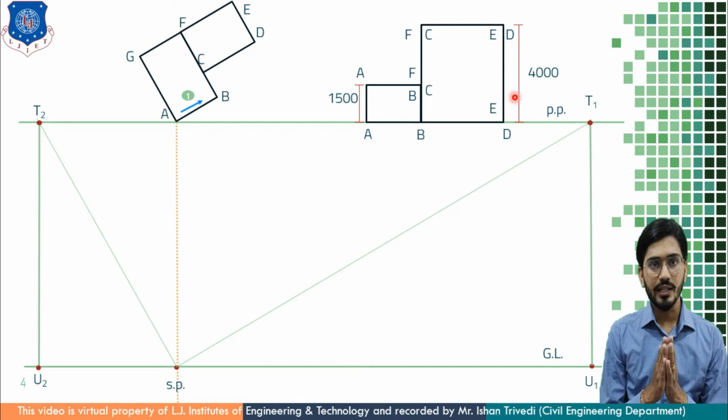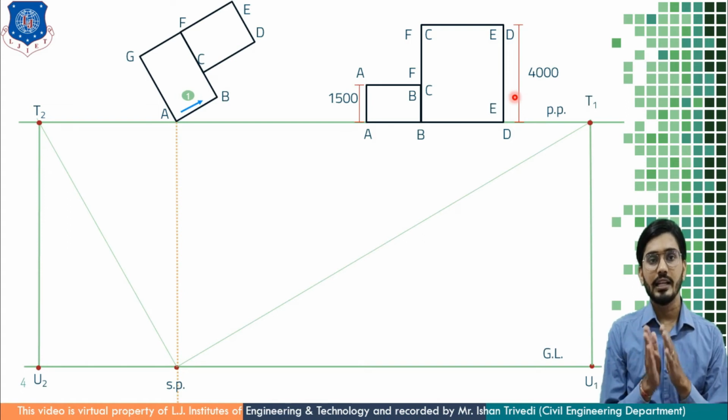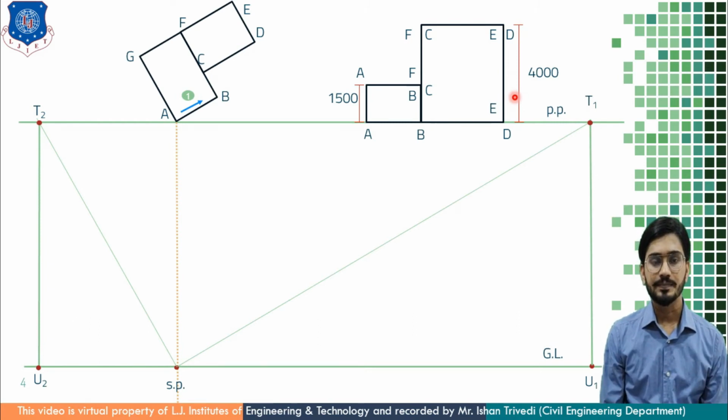So keep these two points in your mind. If I am going towards the right hand side, all the lines merge at the right hand side. If I am going towards the left hand side, my lines merge at the left hand side. Just keep this part in your mind, so later you can understand easily.